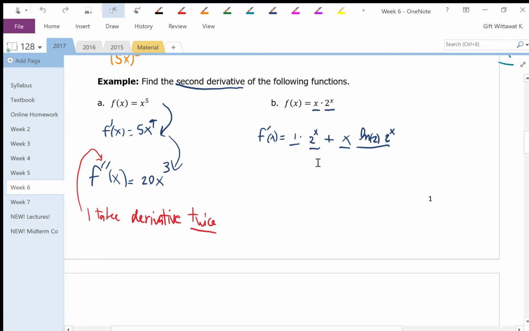Now then, let me find the second derivative. So the second derivative means I will just have to take the derivative of this guy again. So the derivative of 1 times 2 to the x.